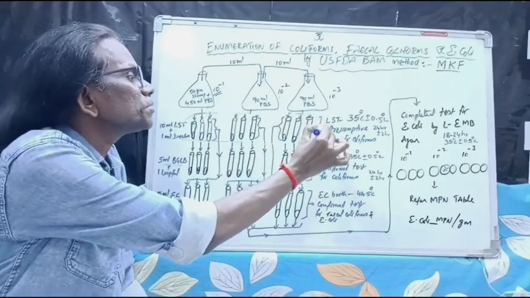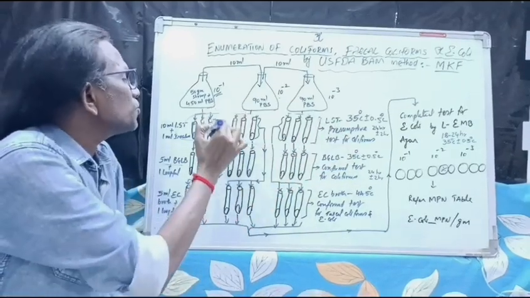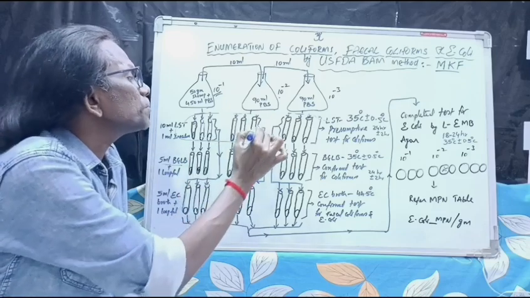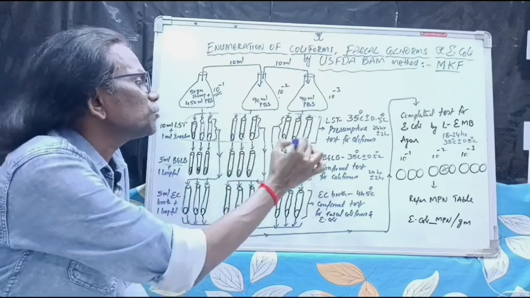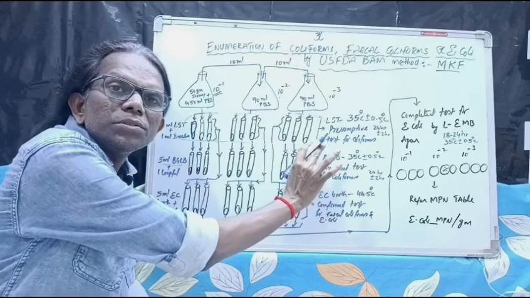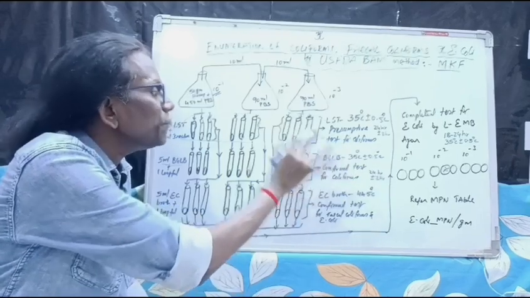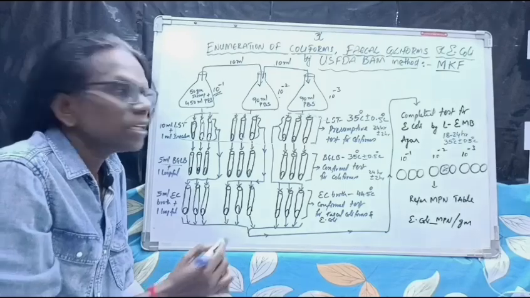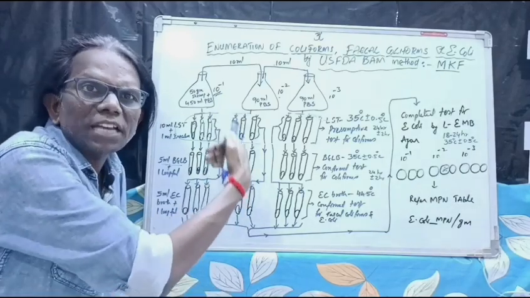In the presumptive test LST, for example, at 10 to the power 1, one tube gets gas formation, at 10 to the power 2, one tube gets gas formation, and at 10 to the power 3, no tubes get gas formation. Then based on that, we prepare the BGLB tubes depending upon the respective dilutions.